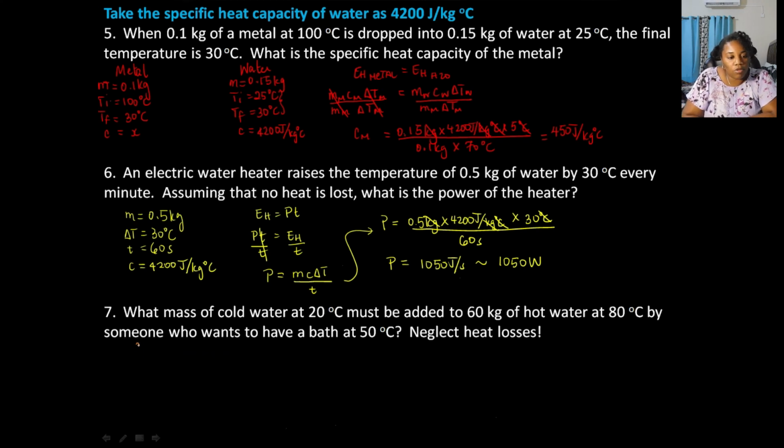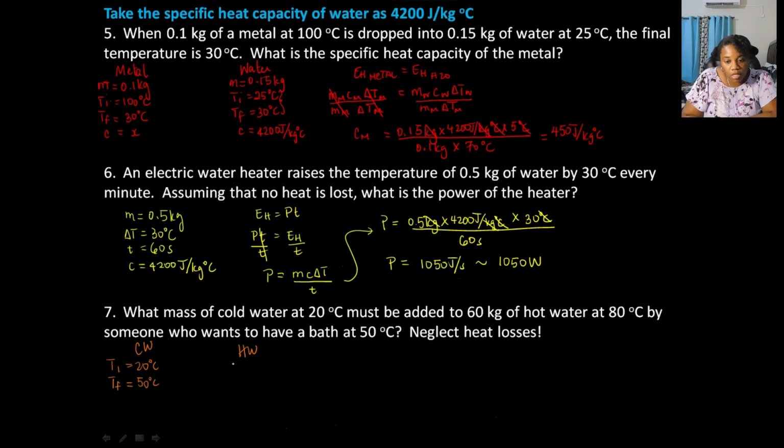Okay, so we have cold water and we have hot water. So we have the initial temperature of the cold water being 20 degrees Celsius, the final temperature being 50 degrees Celsius.